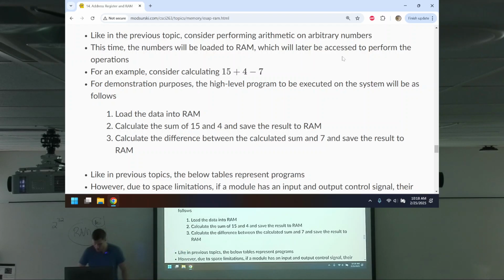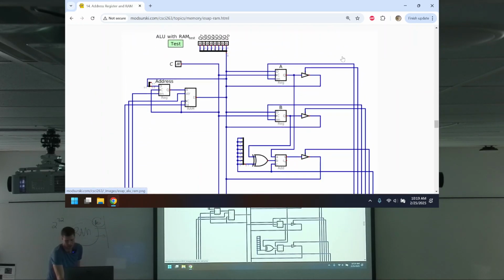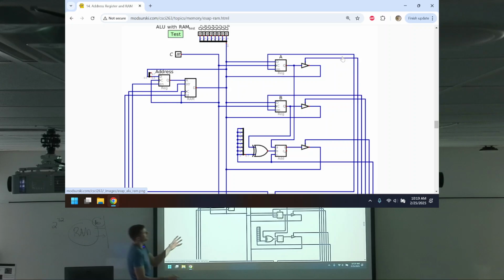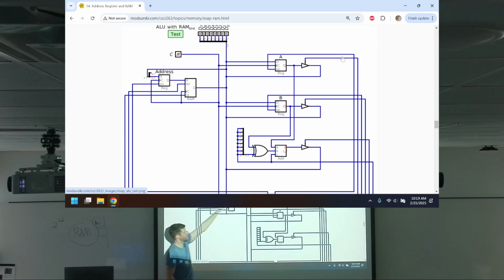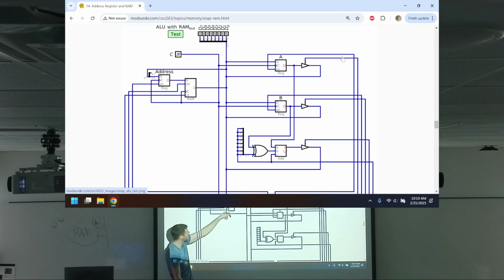Okay? Now, think about what that means, right? I need to store data, so I'm going to input data here, and I want to store it into RAM, but I need to specify the addresses, which we're going to specify with this too. Then I want to address RAM to put the data from RAM into A, data from RAM into B, calculate the sum and output it into RAM, but we need to specify the RAM address.